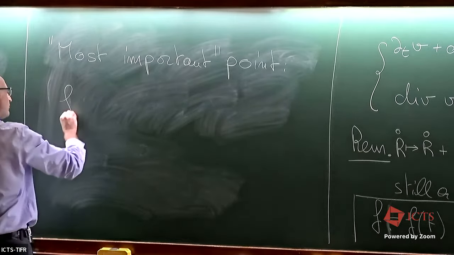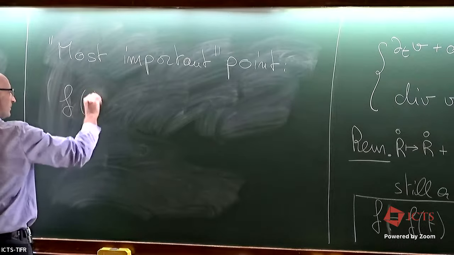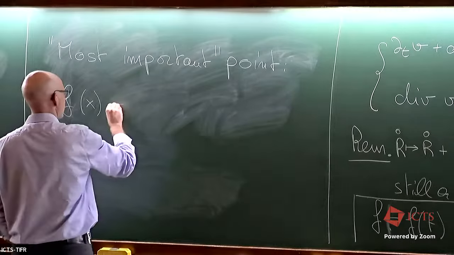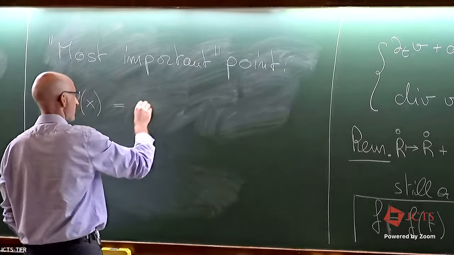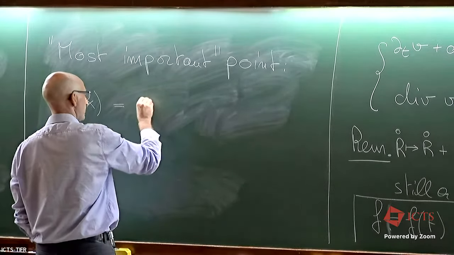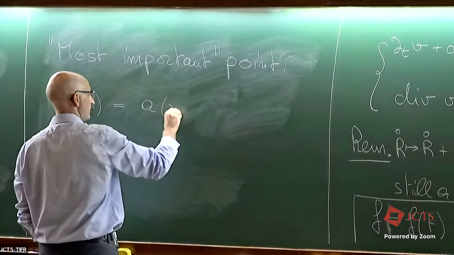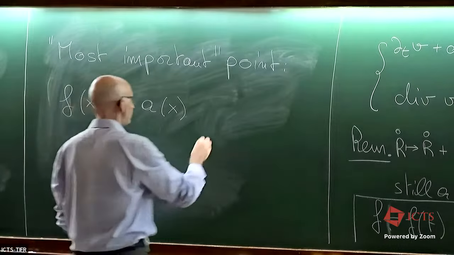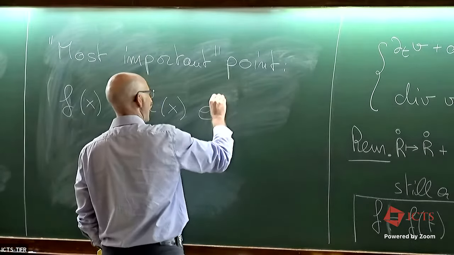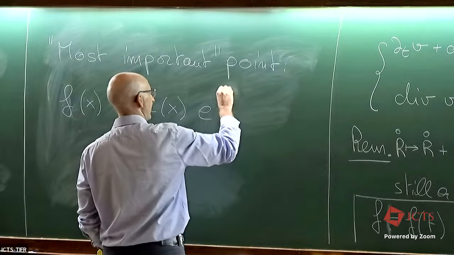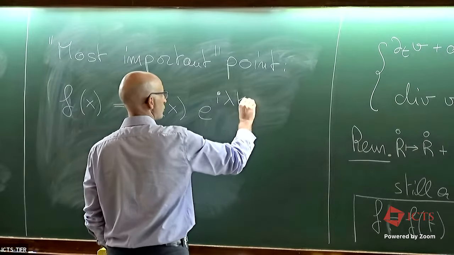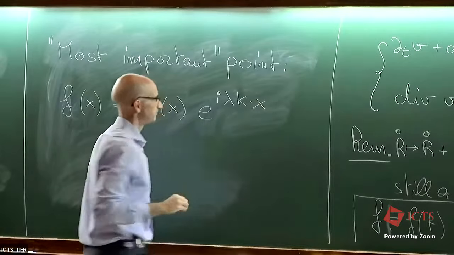Let me take a function f of x of the following type: a of x, and then e to the i lambda k dot x.